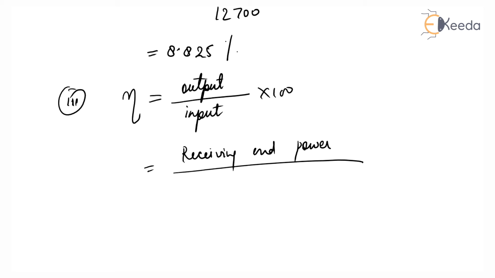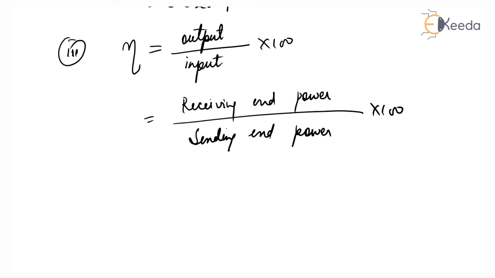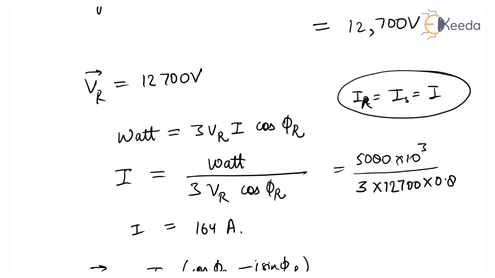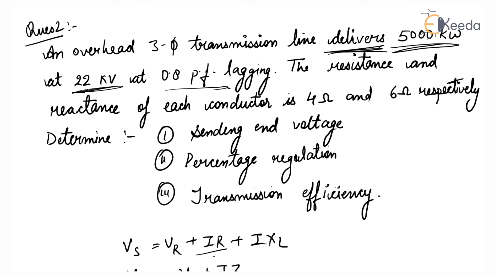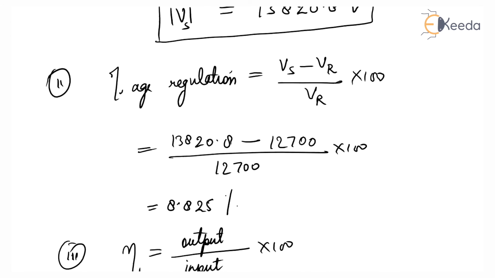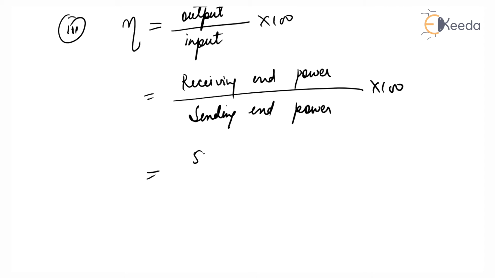Receiving end power, power delivered upon sending end power into 100. So receiving end power is equals to 5000 kilowatt, so 5000 into 10 to the power 3 watt, upon sending end power.